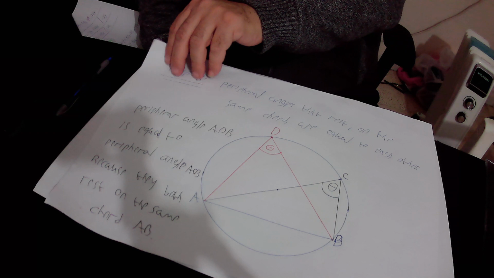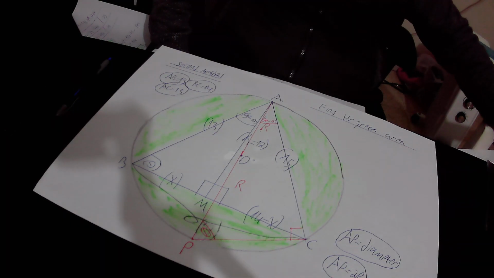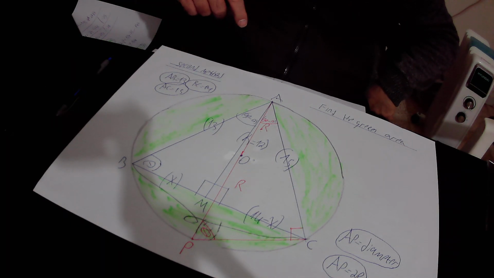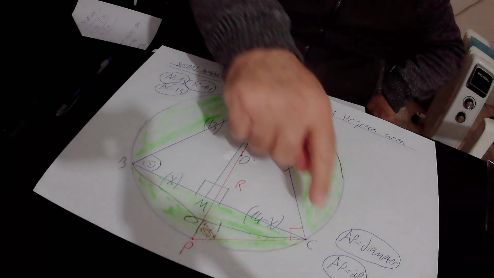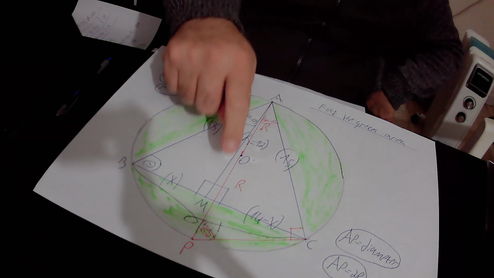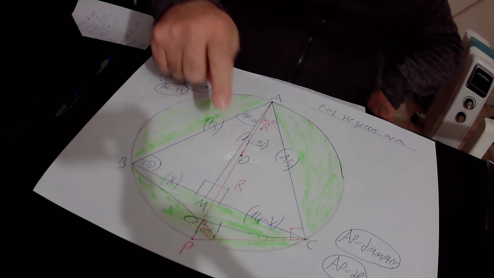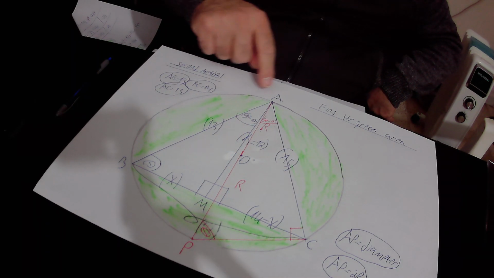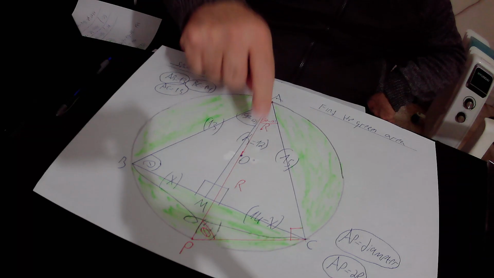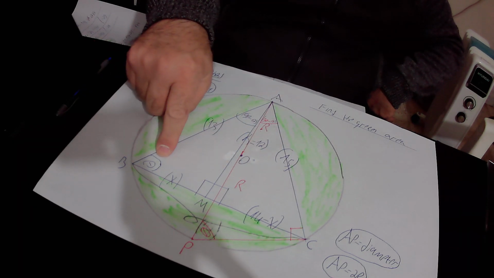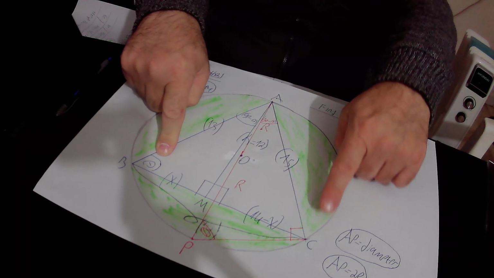We can actually implement rule number 8 in our drawing. Why? Because in our drawing we have peripheral angle APC that rests on chord AC, and we have another peripheral angle ABC. This peripheral angle ABC rests on the same chord called AC.